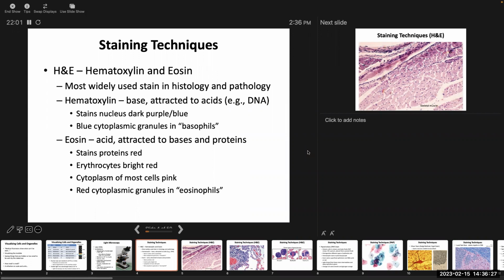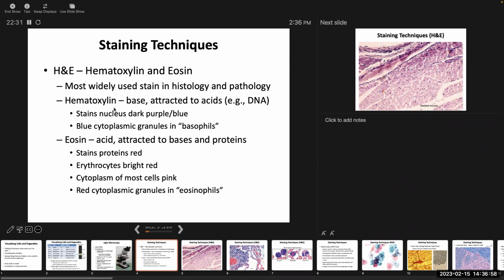One of the first things to recognize is that almost always when you look at what's called a micrograph, in other words, a photograph of a microscopic image, you're looking at a stained image. So the colors you're seeing are not the actual colors of the organs or the tissues or the cells. What you're seeing are the colors of the stains that have been used to dye those cells so that they become visible.